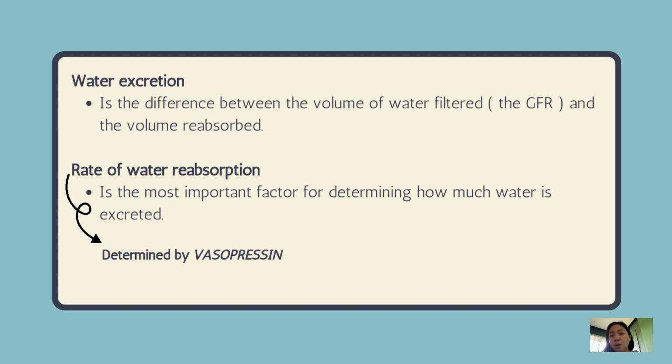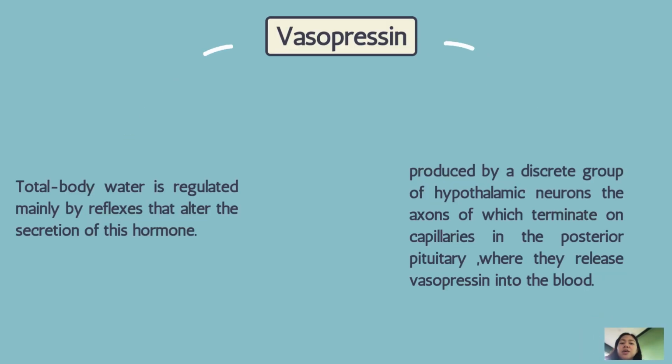Changes in GFR brought on by baroreceptor afferent input as previously described typically have an equivalent impact on water excretion, but much like with sodium, the most important determinant of how much water is excreted is the rate of water reabsorption, which is determined by vasopressin. Total body water is primarily regulated by reflexes that change the hormone's output.